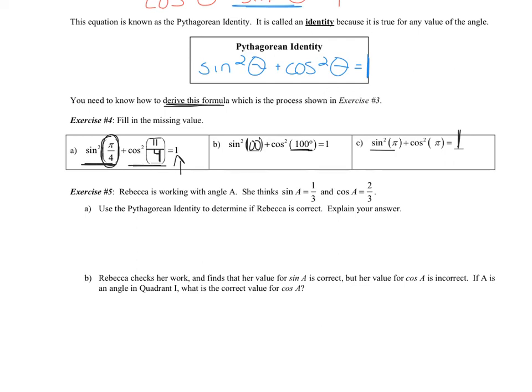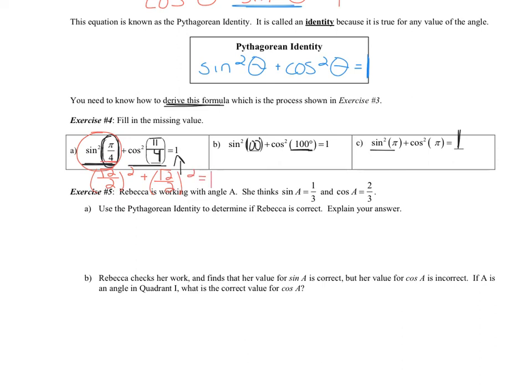So just to show this is true with a couple examples we know, I know the sine of this would be the sine of 45 degrees, because that's what pi over 4 is. So radical 2 over 2 squared. Cosine of 45 is also radical 2 over 2.